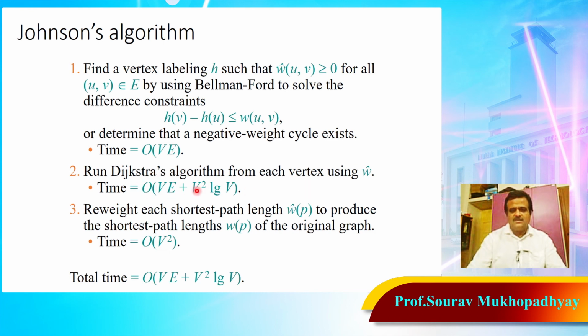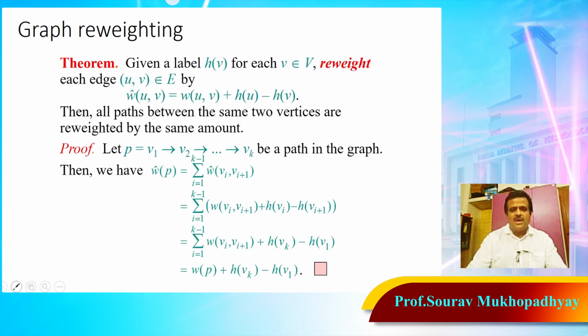This will be order of V times E plus V square log V, because one Dijkstra run will take order of E plus V log V, and V times we are doing, where V is the cardinality of the vertex set and E the cardinality of the edge set. And this reweighting we have to undo, because we are looking for the weight Wp, but we got the weight W hat p.